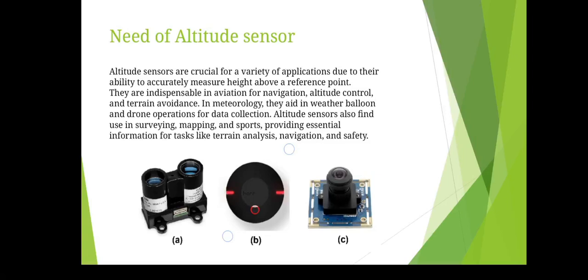In meteorology, they aid weather balloons and drone operations for data collection. Altitude sensors also find use in surveying, mapping, and sports, providing essential information for tasks like terrain analysis, navigation, and safety. Here are the pictures of altitude sensors.